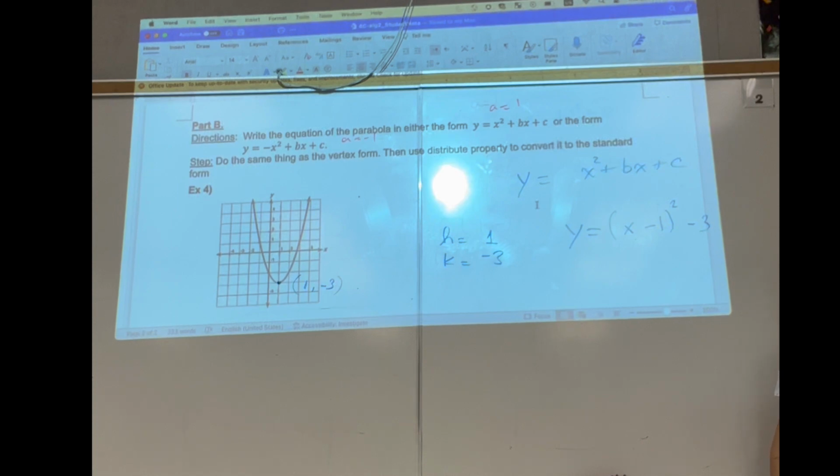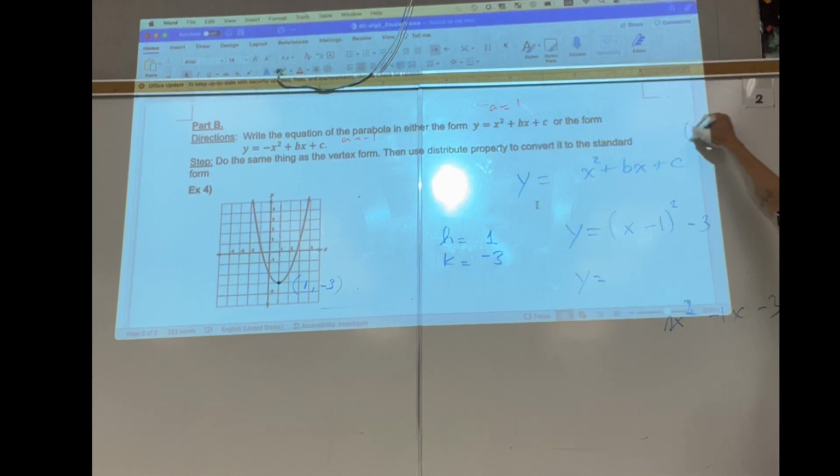So y equals 1x squared minus 1x plus minus 3.